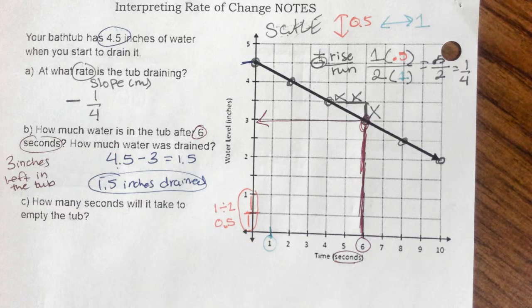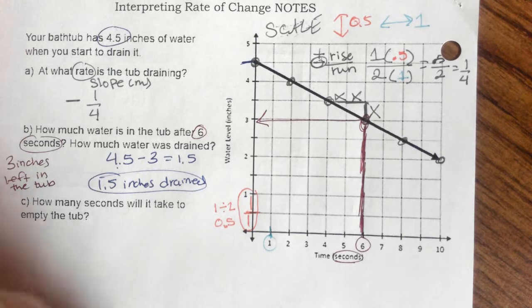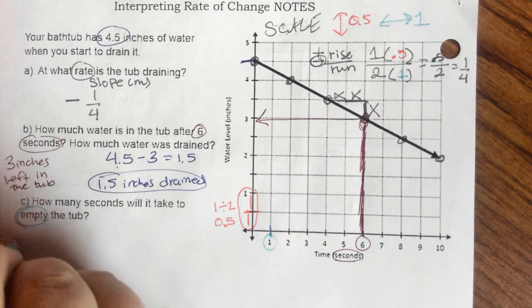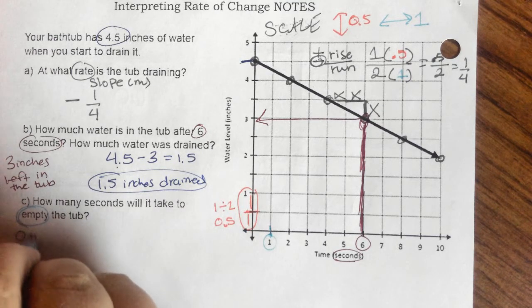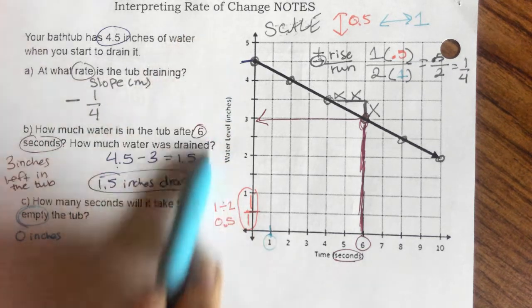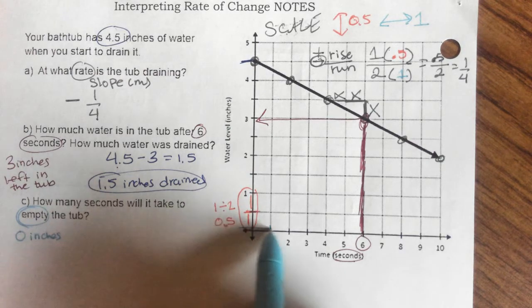Now the last question says, how many seconds will it take to empty the tub? To empty the tub would mean I need the tub to have 0 inches. Which means I'm looking at my y-axis and I need 0 on my y-axis.